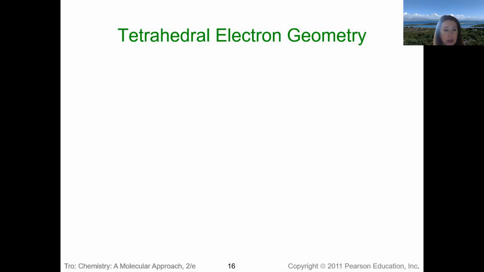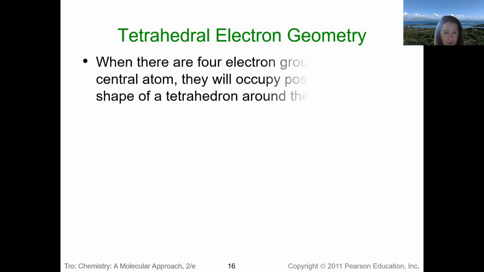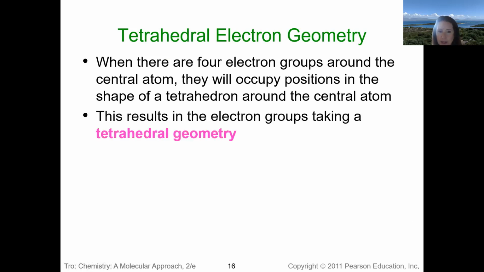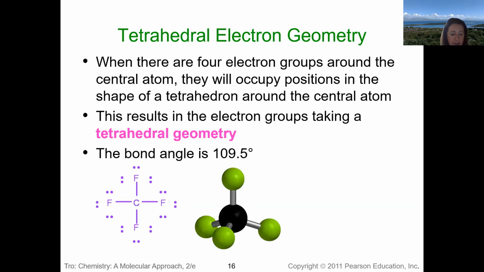All right, now let's look at what's called tetrahedral. If you've got 4 electron groups, it looks like, do you know the bottom of a music stand? You know how it's the music stand and then the 3 prongs at the bottom? That's kind of what tetrahedral looks like. And on Tuesday in lab, we'll actually see this. CF4 would be an example of a tetrahedral. So again, here's our A, our middle atom.